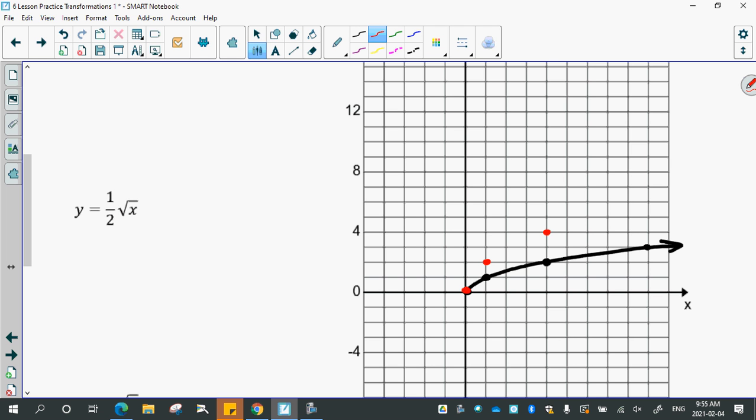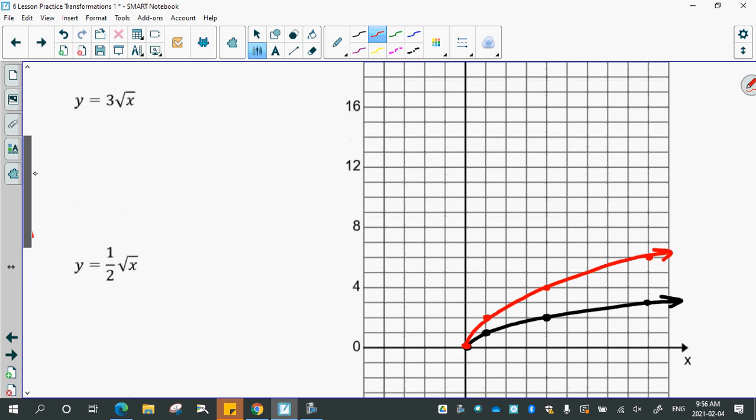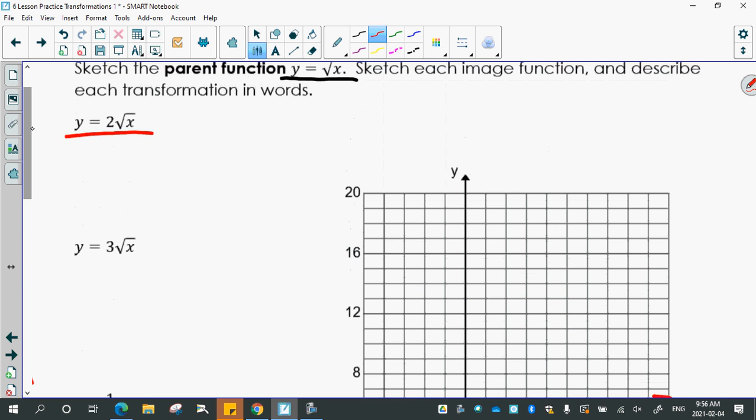I go over 1, 2, 3, 4, 5, instead of going up 1, I go up 2. So I've doubled all my ups, okay? In transformation language that is called a vertical stretch, because I'm stretching it vertically. My ups are being doubled, okay? So when you write that out using transformation language, it's called a vertical stretch.